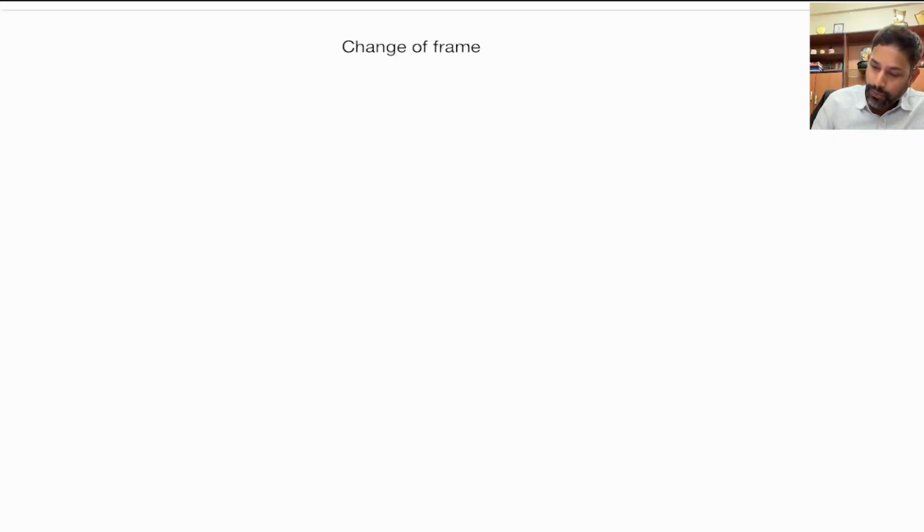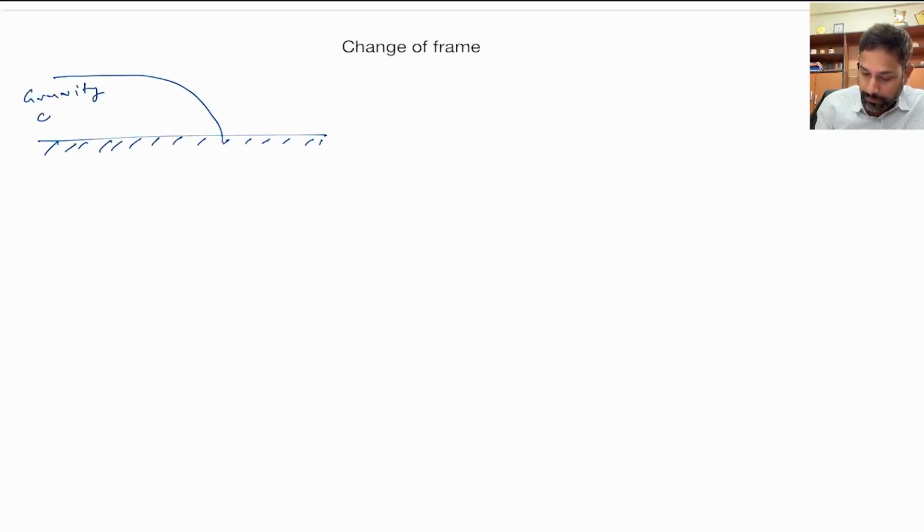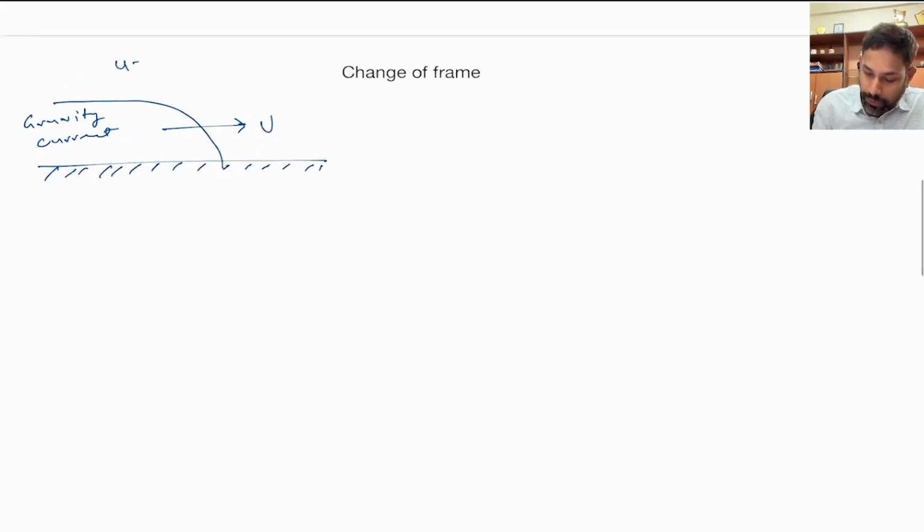So at the moment we know that we are assuming this is a solid boundary here, and this is the gravity current which is moving in this direction with velocity u, and we are assuming that u is 0 for ambient. Okay, so this is the current situation where gravity current is moving with a constant velocity u in a static ambient.